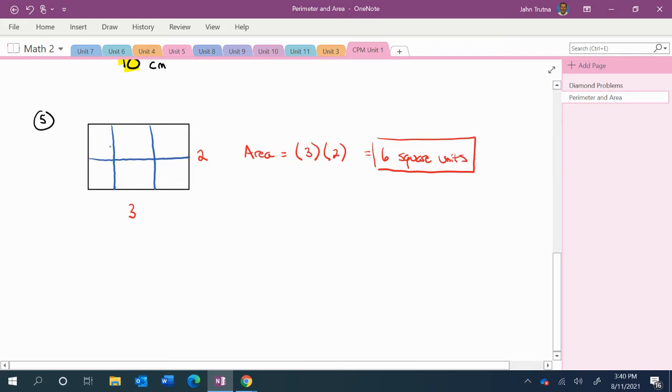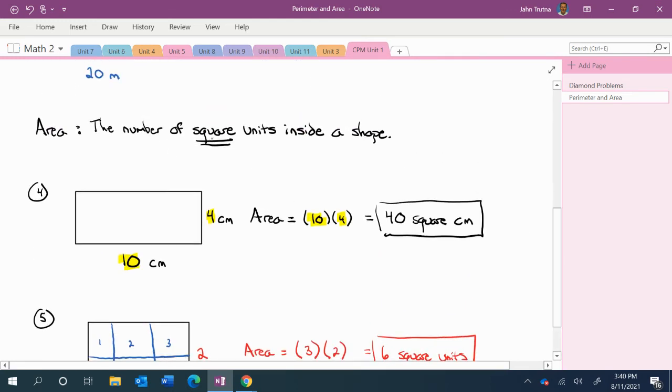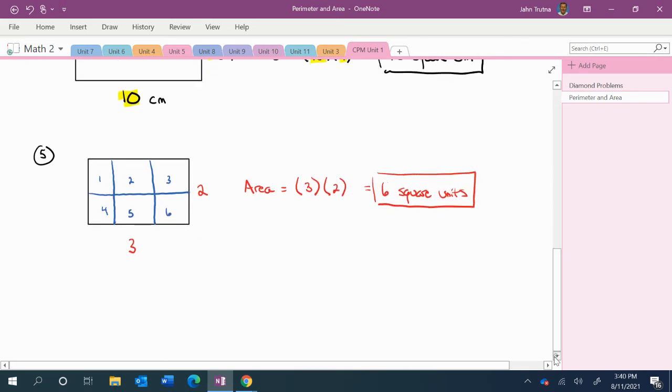You could see, and I didn't draw them completely accurately, that inside this shape there are 6 squares. And that's why the area is 6 square units, all right? Because remember, area is the number of square units inside a shape. So we have that right there.